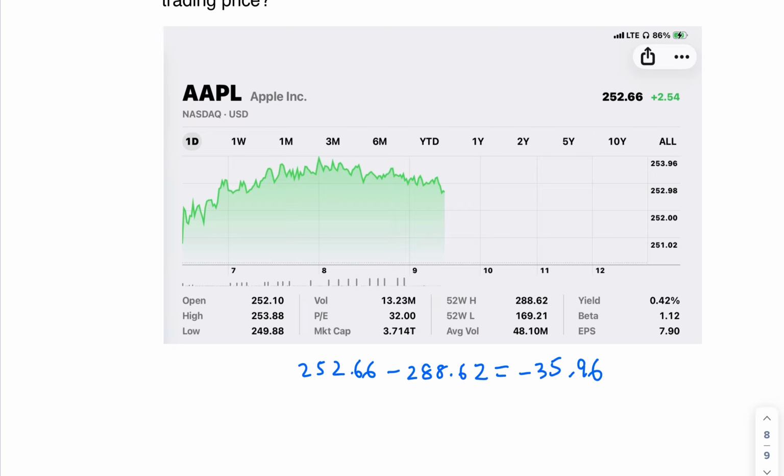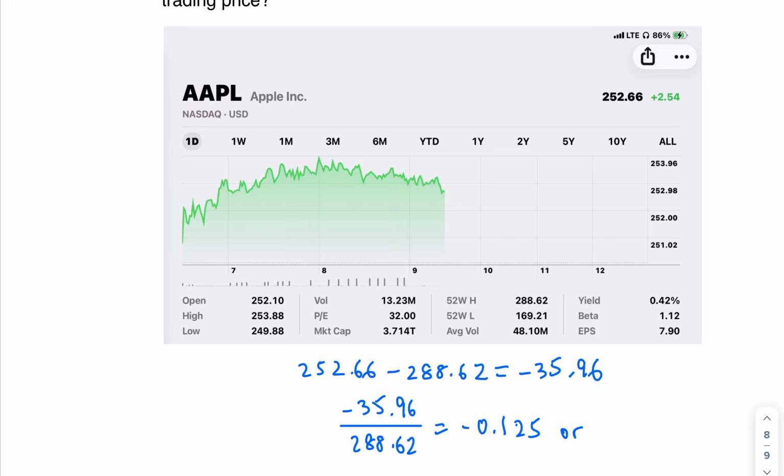It comes out to negative 35.96, and then we're going to take negative 35.96 and divide it by the 52-week high, which is 288.62, and that works out to negative 0.125.